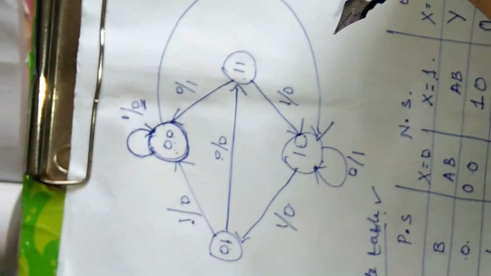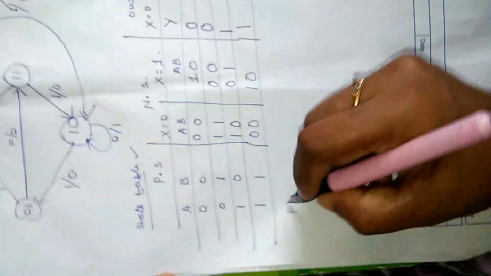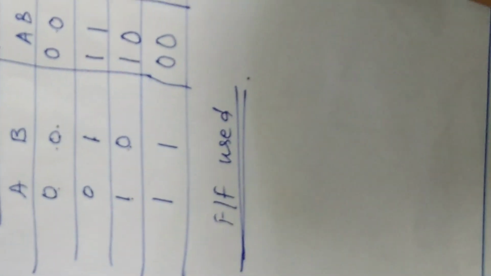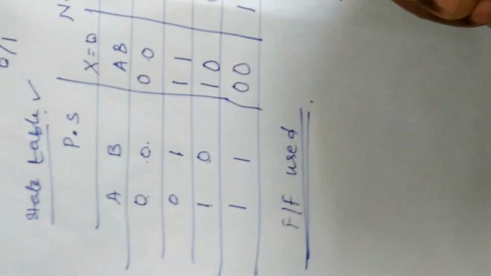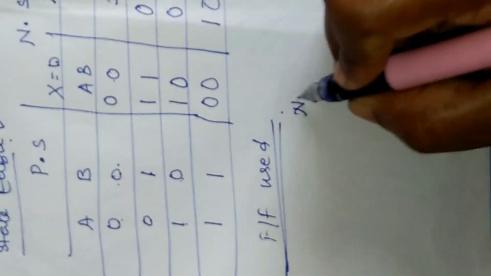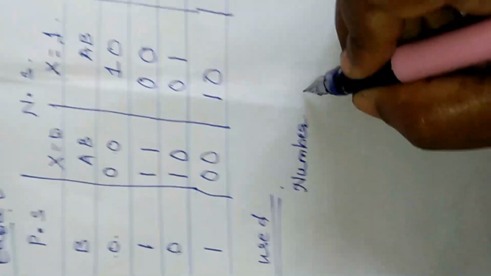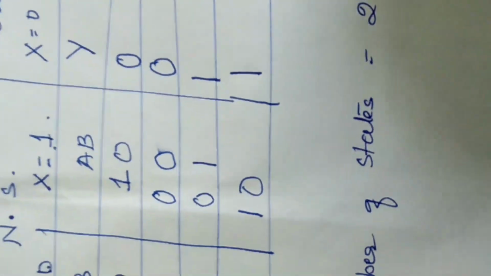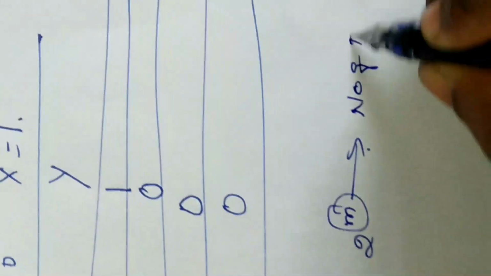So we skip the state assignment over here, and next we go to the number of flip-flops to be used. Okay. So how do you determine the number of flip-flops to be used? Since it is a sequential circuit, we know that flip-flops play a very important role, right? So there is a formula: number of states is equal to 2 raised to the power of m, where m signifies the number of flip-flops to be used.